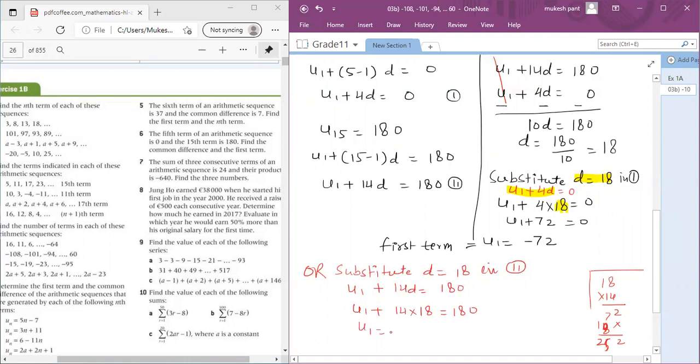So u1 plus 252 equals 180. So u1 equals 180 minus 252, that is minus 72. So whichever equation you take to find the value of u1, the answer will remain the same.